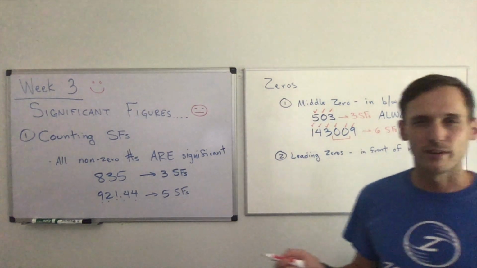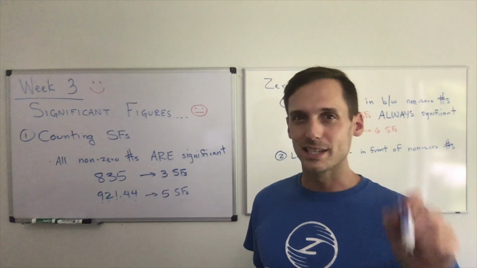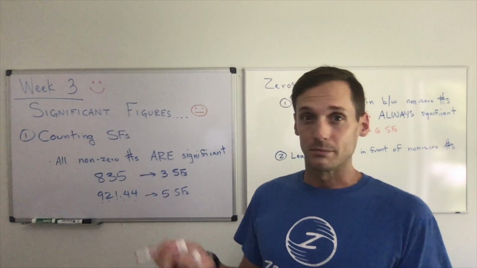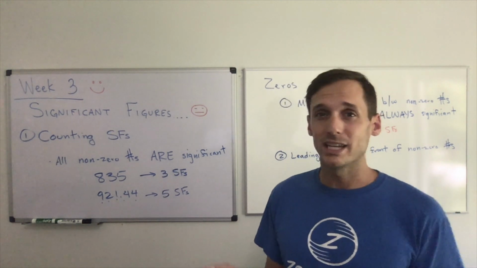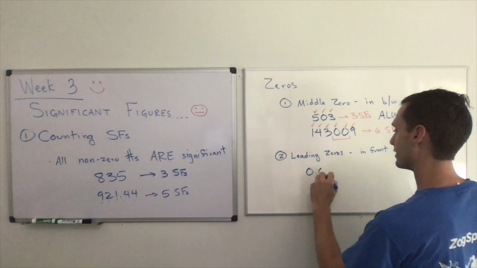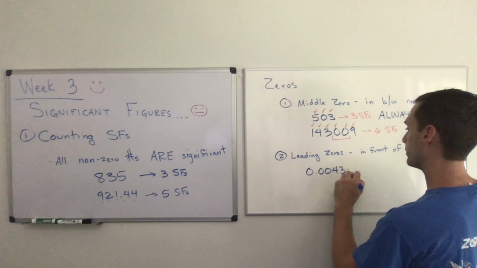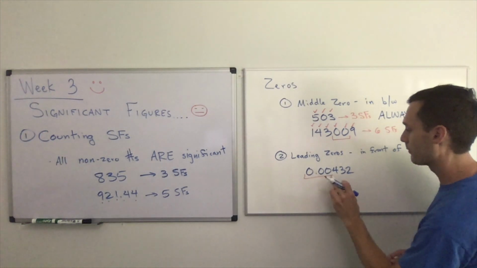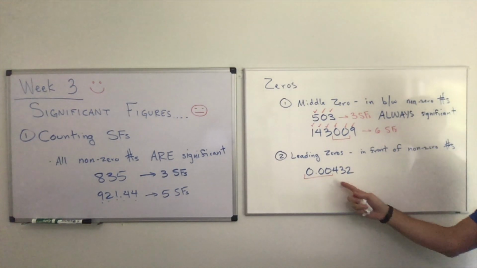Maybe you can think to yourself, how would you get a 0 out front of a non-zero digit? Maybe you can think it's only going to happen in a decimal, right? So if you have something like 0.00432, see how these zeros are out front of non-zero numbers?